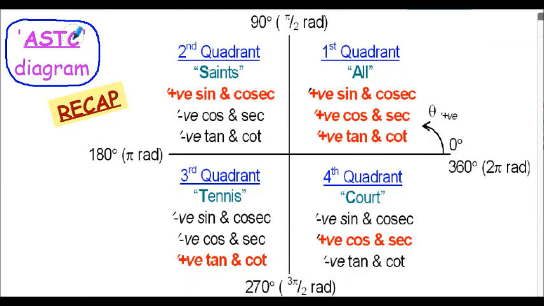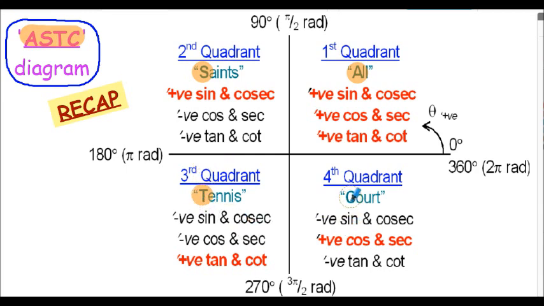And for recap, the two angles can be determined with reference to the ASTC diagram, which we reviewed in a previous presentation, where in the first quadrant, all the trig functions are positive ratio. In the second quadrant, only the sine function is positive ratio. Third quadrant, only the tan function is positive ratio.